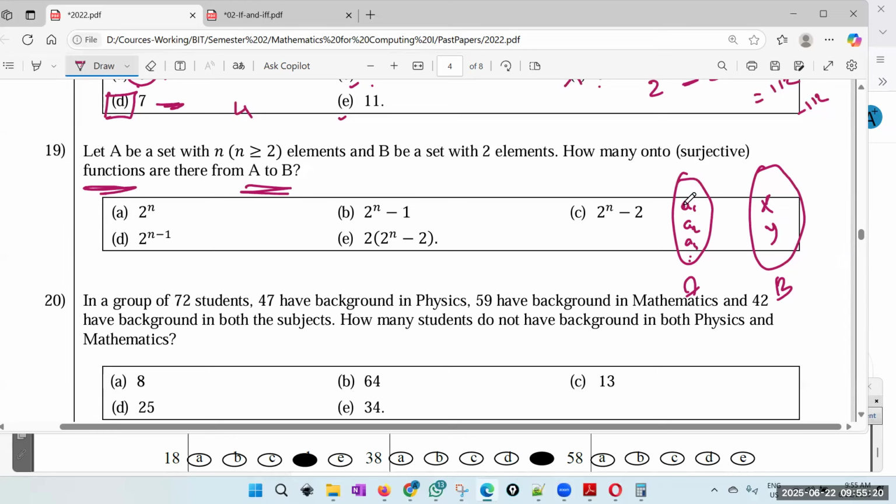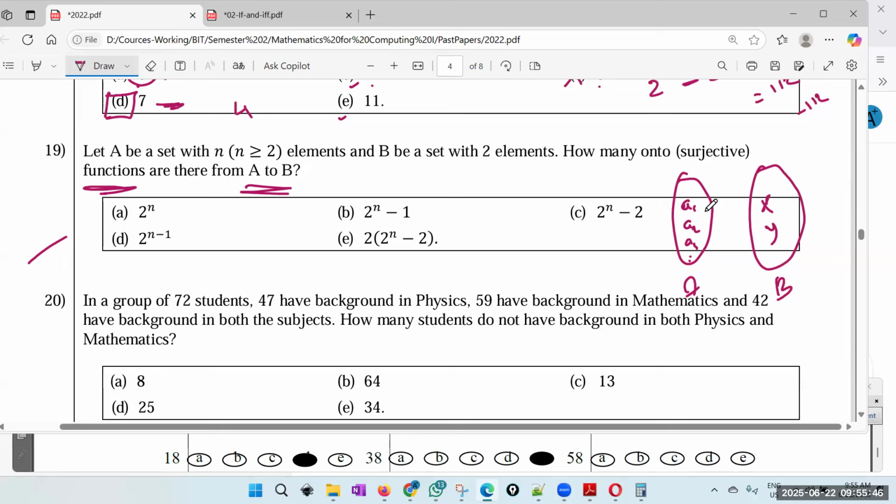That is part of the definition of a function. So function means two conditions. One is no orphan values in the domain side. Second, it must be one to one or many to one. It can't be one to many. So we have n elements here.